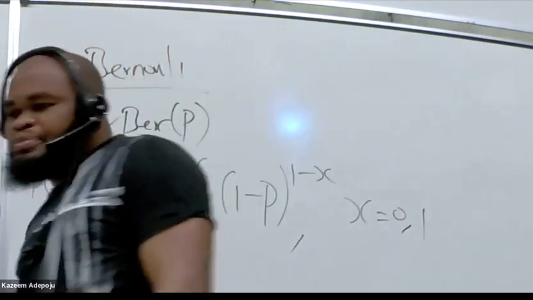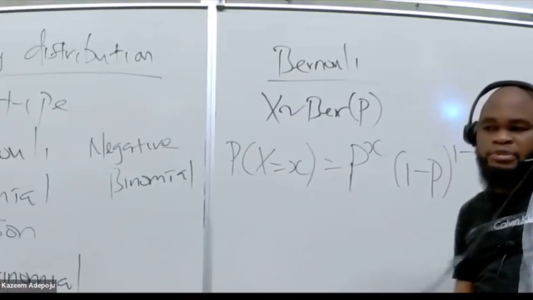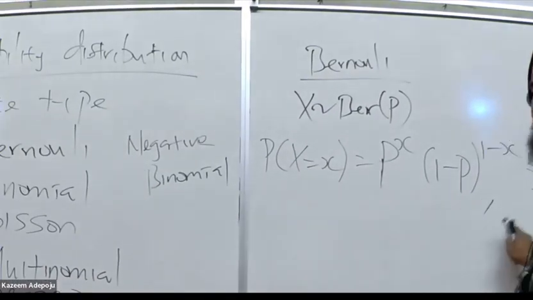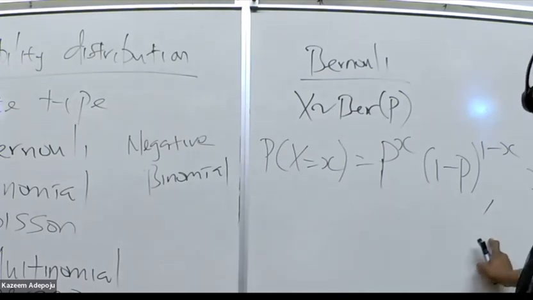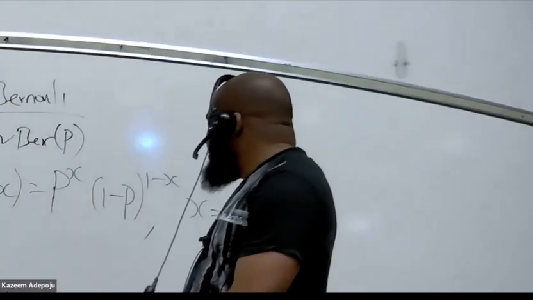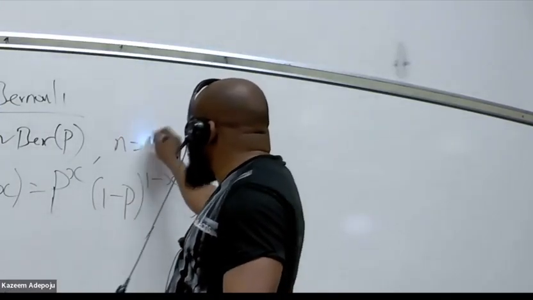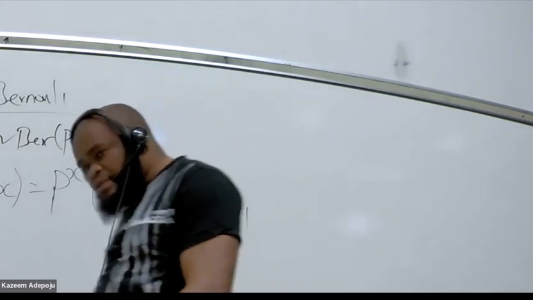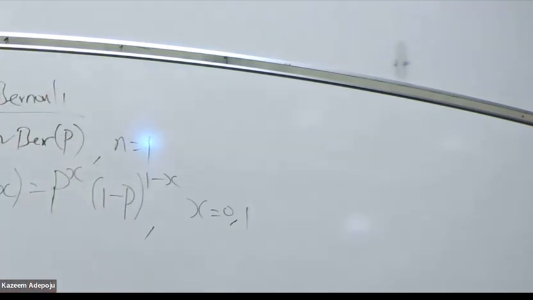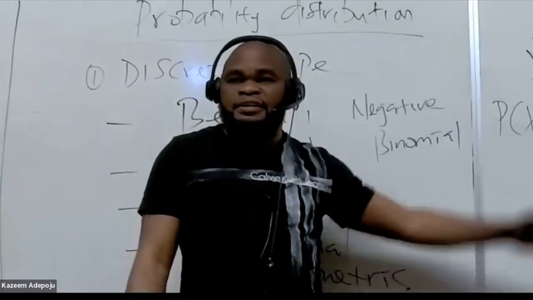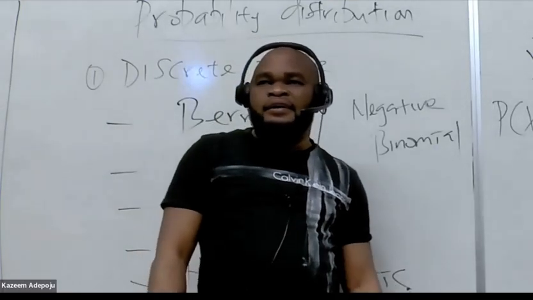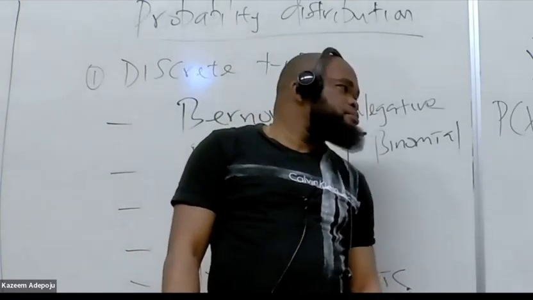In a Bernoulli distribution, the x represents the number of successes, and the number of trials n equals 1. If I try once, it's either I see 0 successes, or I see 1 success.